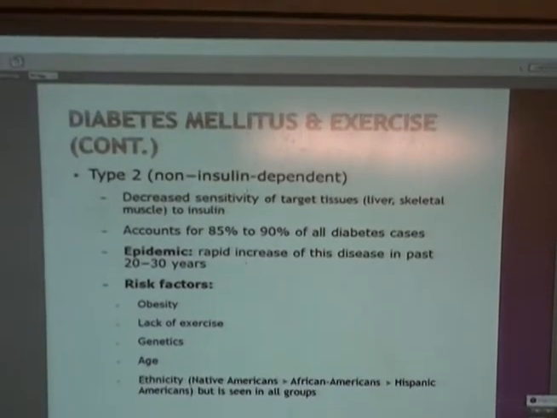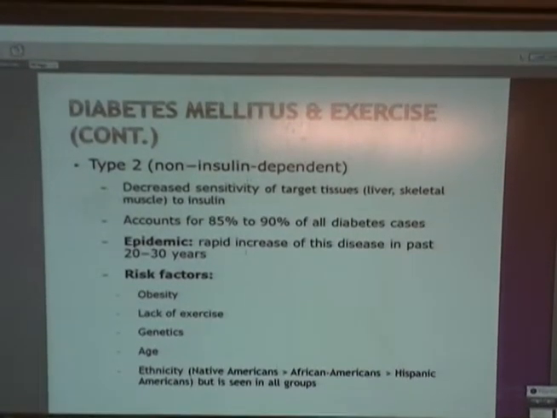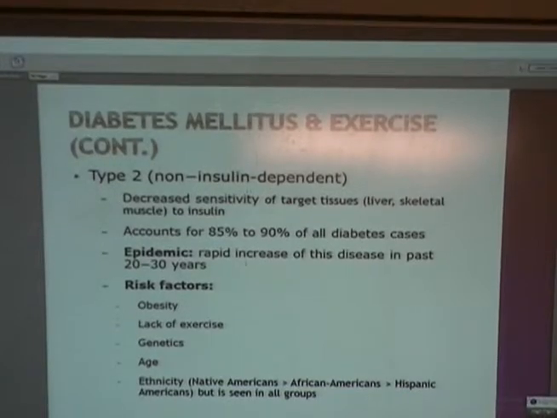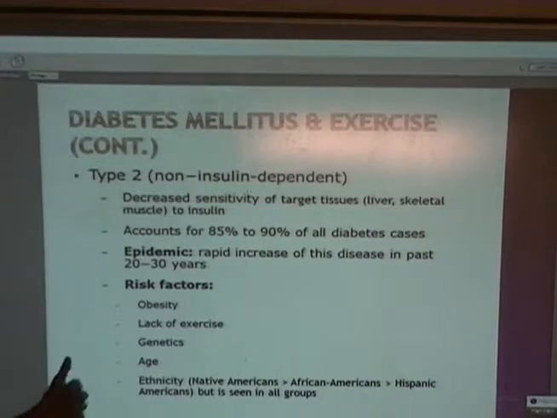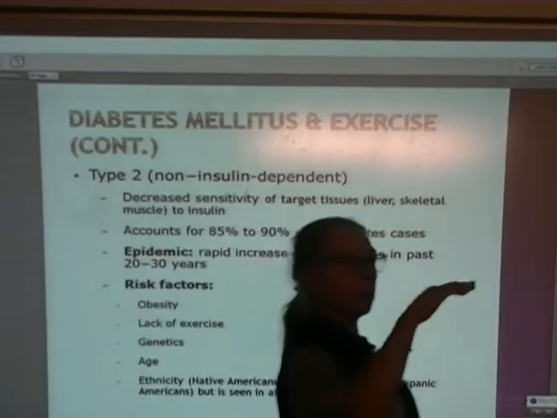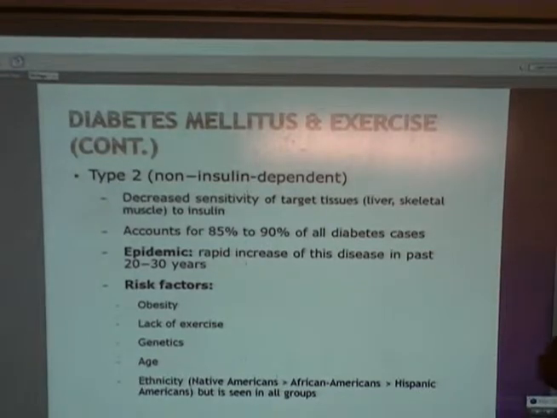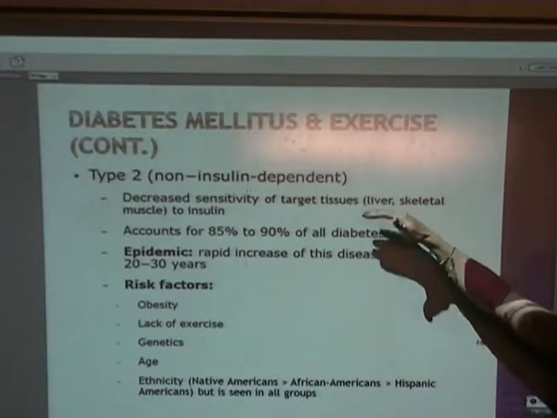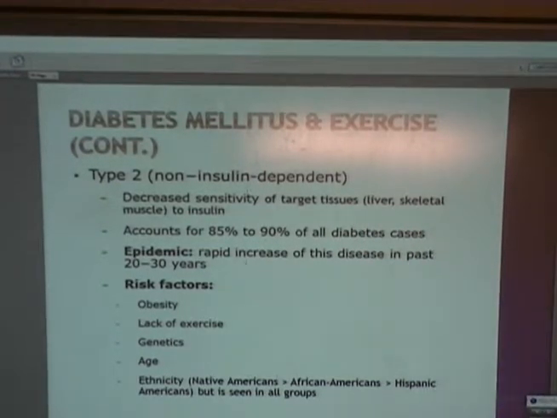So the insulin is there, but because of the sensitivity levels of the membrane, there isn't enough of it to move the glucose into the muscle tissue. So we need more than the normal amount of insulin to overcome the sensitivity of the muscle membrane.